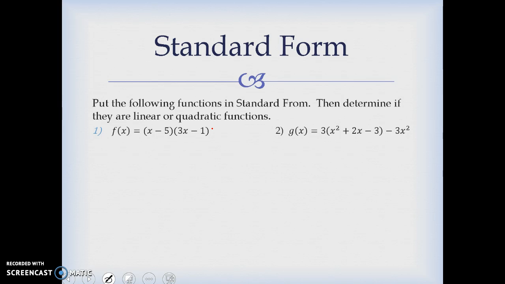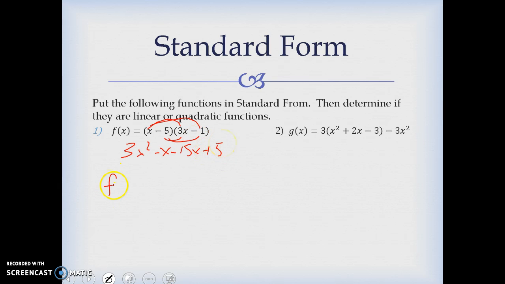But if we put this in standard form, which means we're going to have to FOIL this, we're going to take x times 3x, which is 3x squared, x times negative 1, which is negative x, negative 5 times 3x is negative 15x, and negative 5 times negative 1 is positive 5.